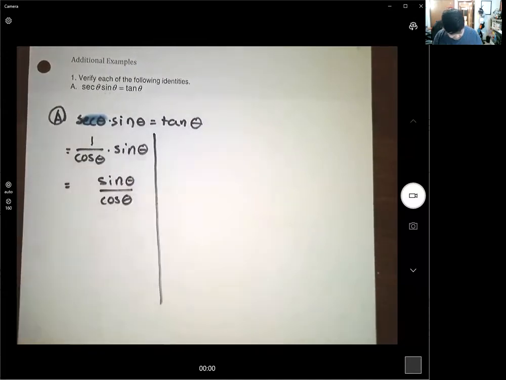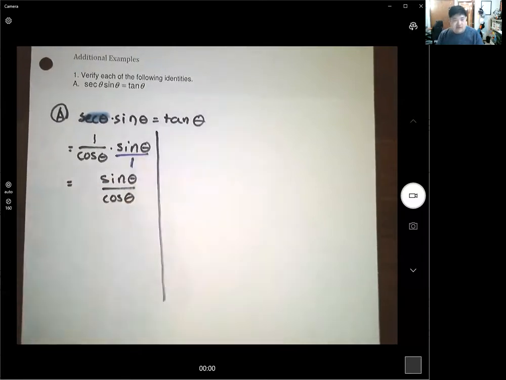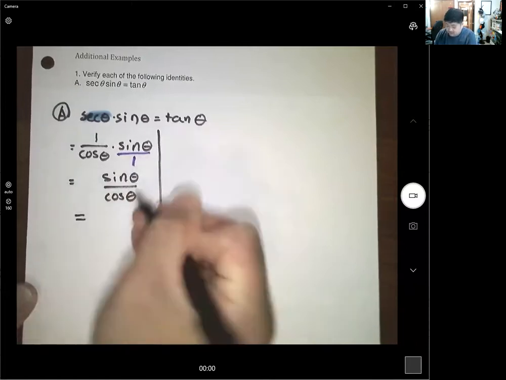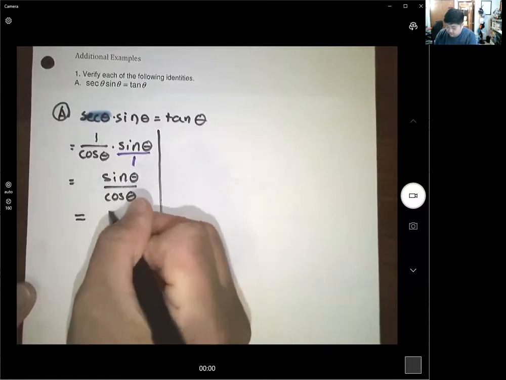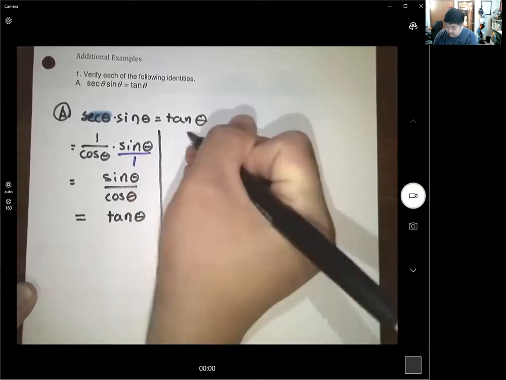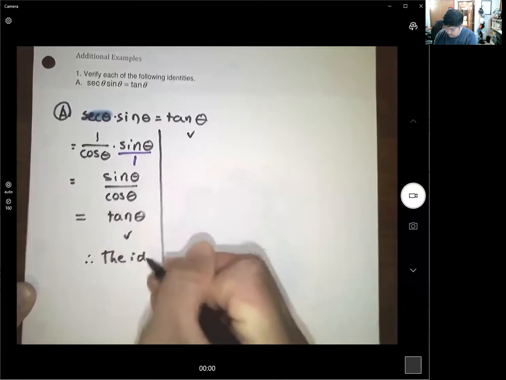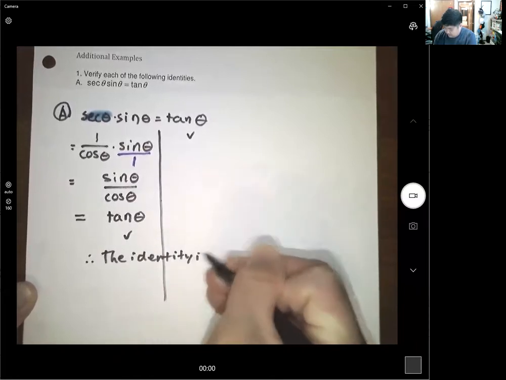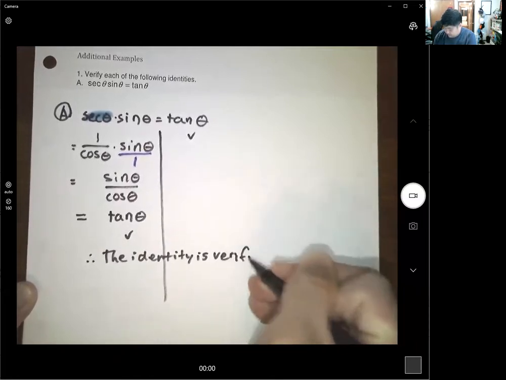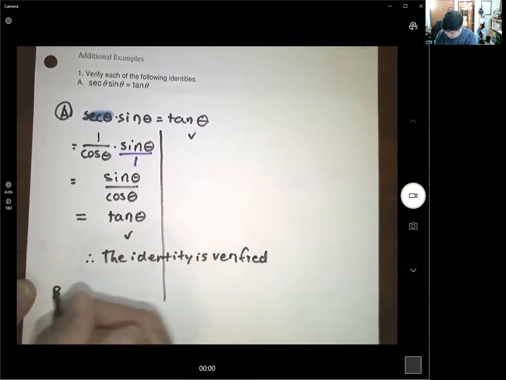If you want to write the sine of theta over 1 to make it easier, that's okay also. Then sine of theta divided by cosine of theta is tangent of theta, and therefore we see that the identity is verified.